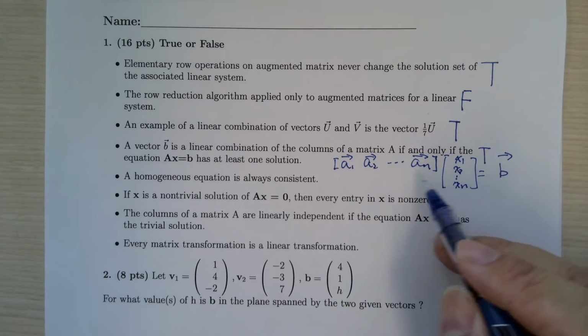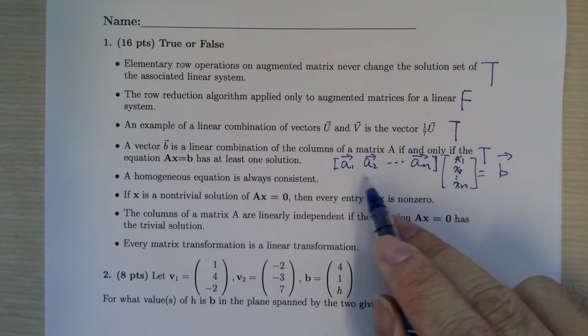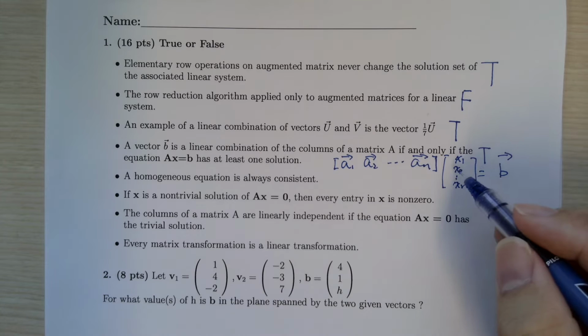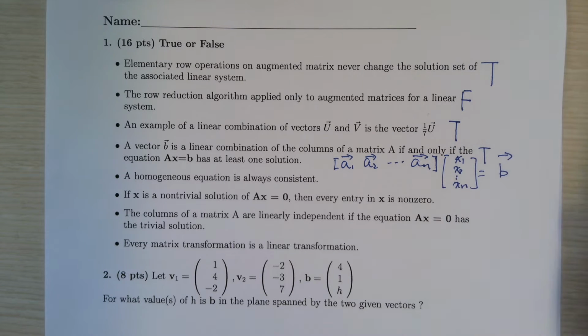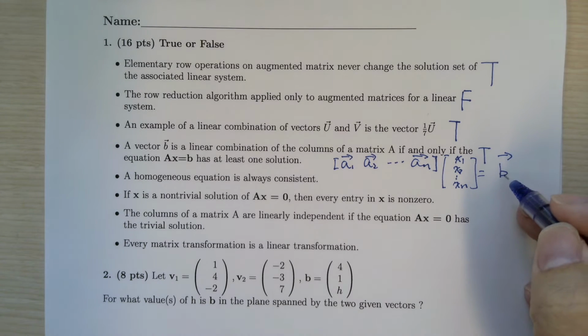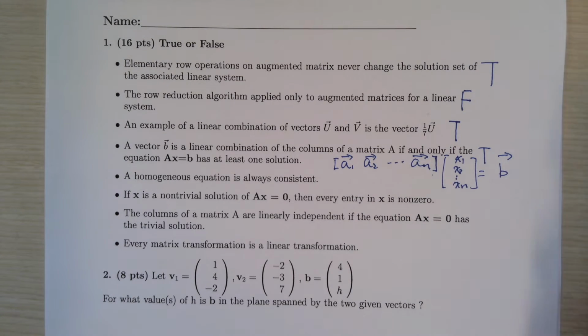So on the left hand side, you can rewrite it as a vector equation, which is x1 a1 plus x2 a2 and so on. So if it has at least one solution, that means definitely we can write b as a linear combination of the columns. So this is a good one.